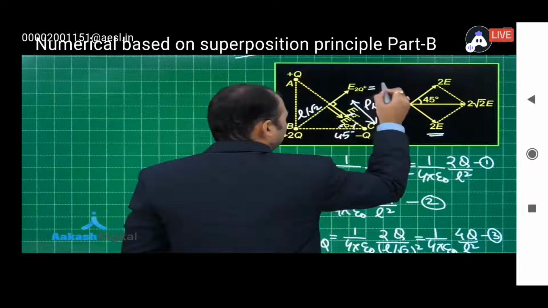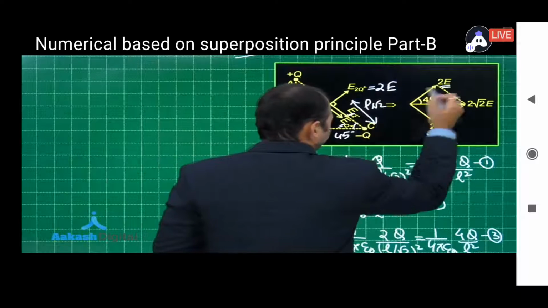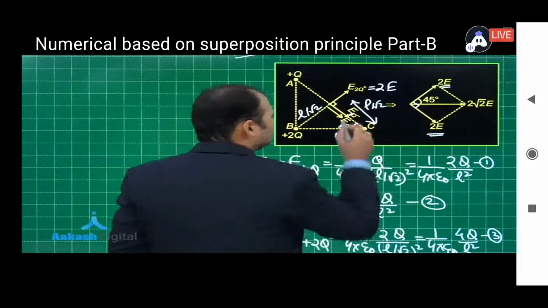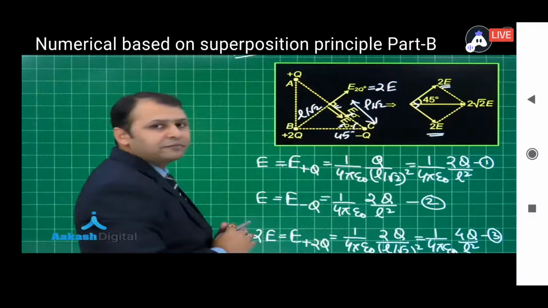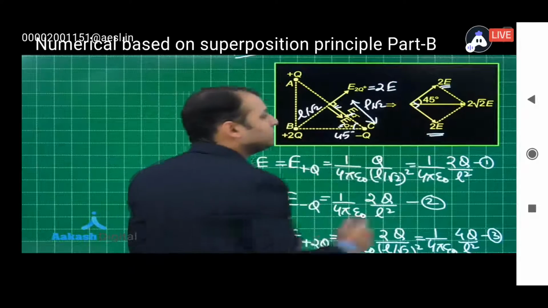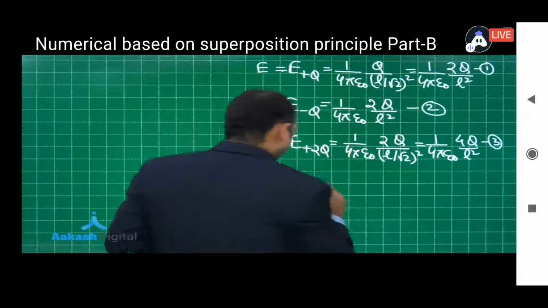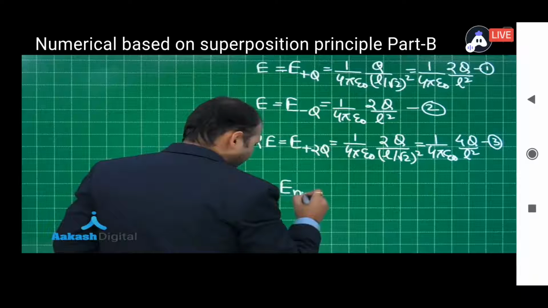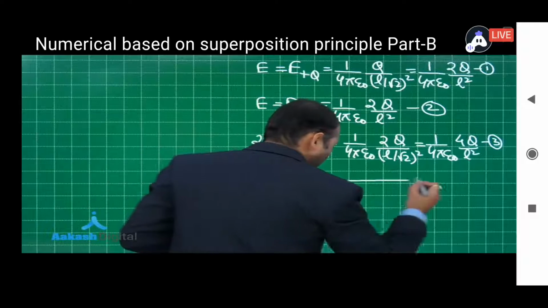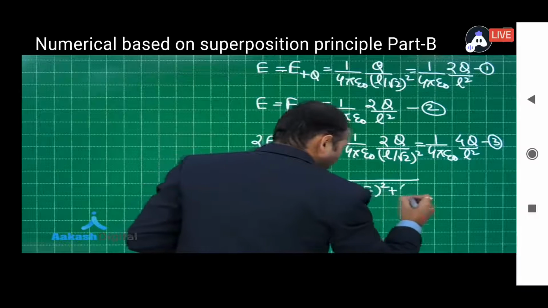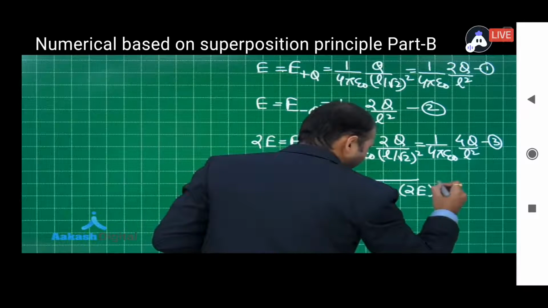And this was also equal to 2E. As you can understand, the angle between these two vectors is 90 degrees. So what is the resultant? Definitely it would be 2 root 2 E. How can we find that? Let's see. To find E net, you write under root of (2E) whole square plus (2E) whole square.